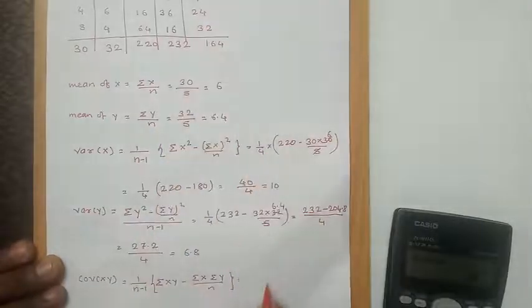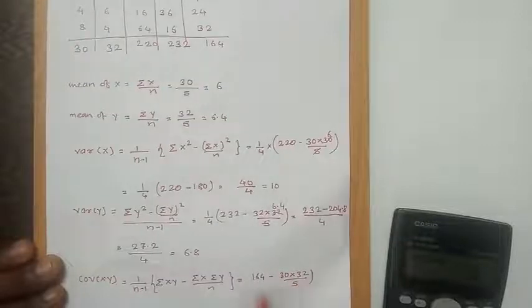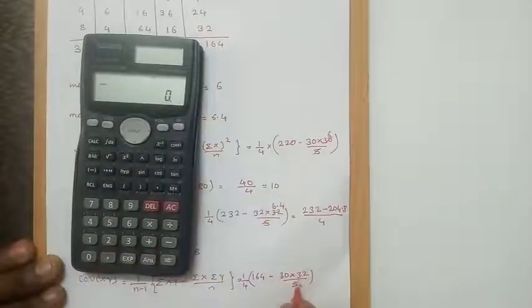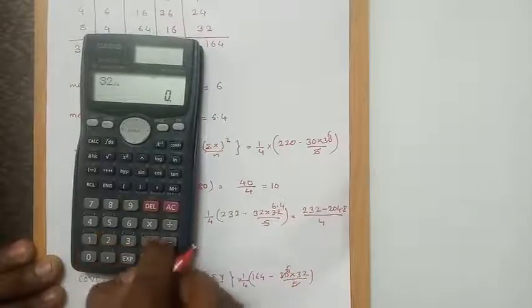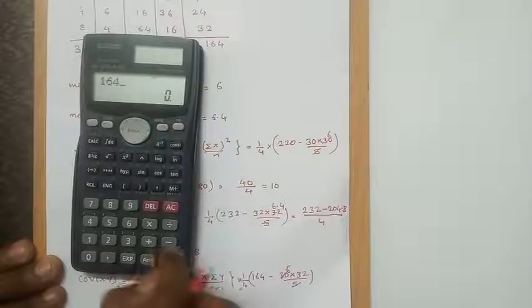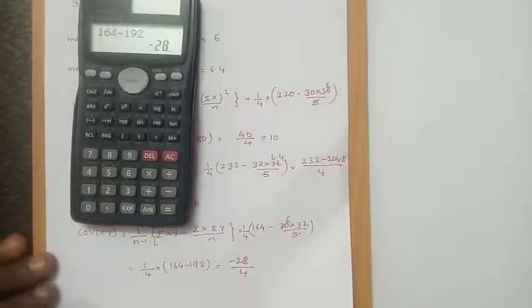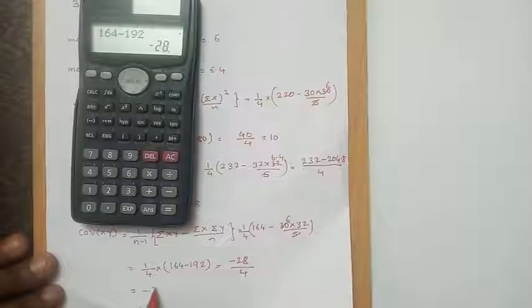So we have summation xy is 164 minus 30 into 32 divided by 5, into 1 by 4. 32 into 6 is 192. So 164 minus 192 is equal to minus 28, whole divided by 4. So we have covariance equal to minus 7.